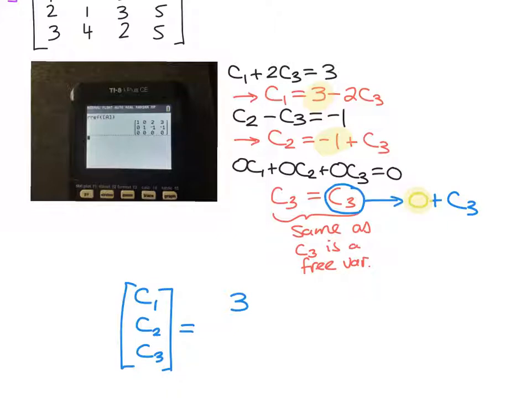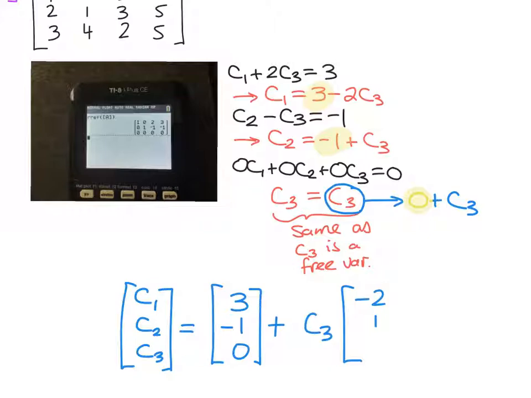So we're looking at, again, 3, -1, 0, plus C3 multiplied by a column vector associated with the coefficients of C3. So -2, 1, 0.